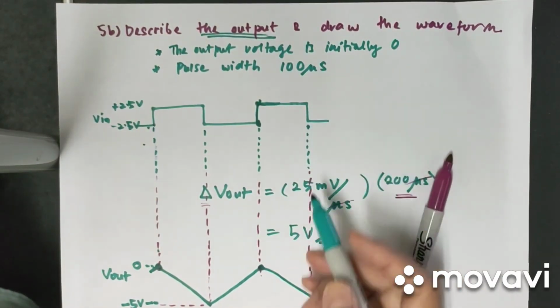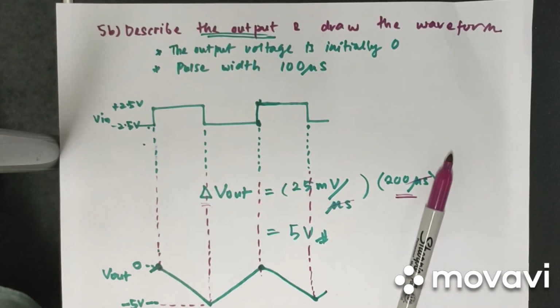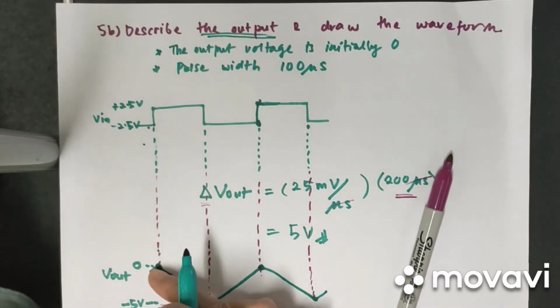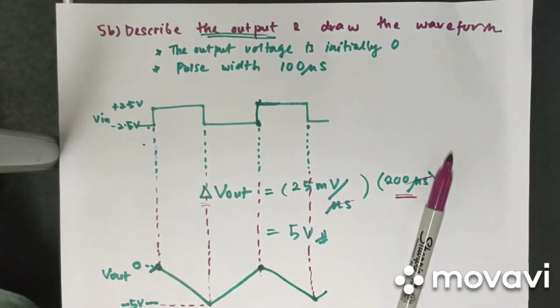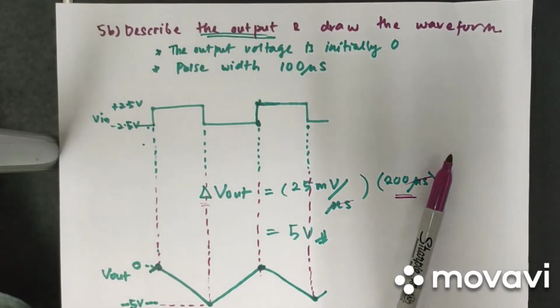So the waveform continues like that. Now, as you can see, it's a triangular waveform with peaks at 0 and negative 5, negative 5 and 0. That's it for example 5.